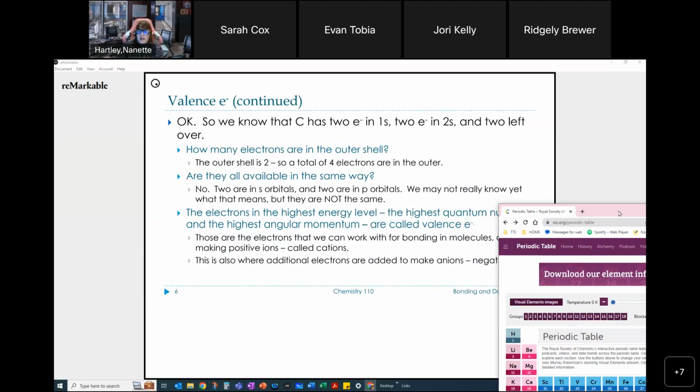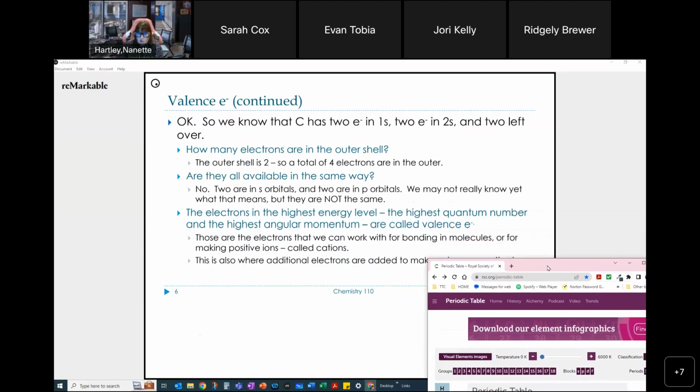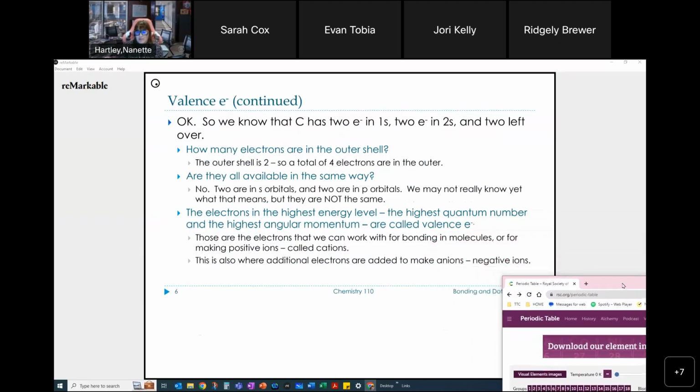Now, the electrons in the highest energy level, the highest quantum number, and the highest angular momentum are called valence electrons. Those are the electrons that we can work with in bonding for molecules or in making positive ions called cations, okay? So if we're going to transfer electrons to that, we would do it in that outermost energy level, okay? So we'd be adding to the 2p here.